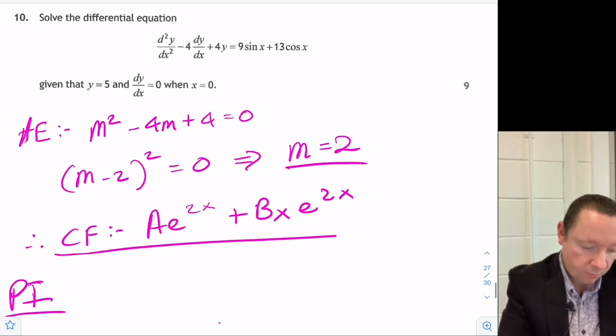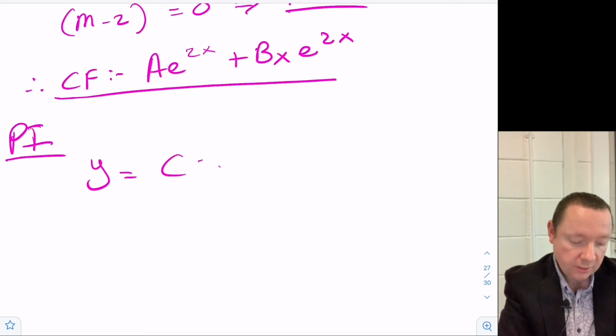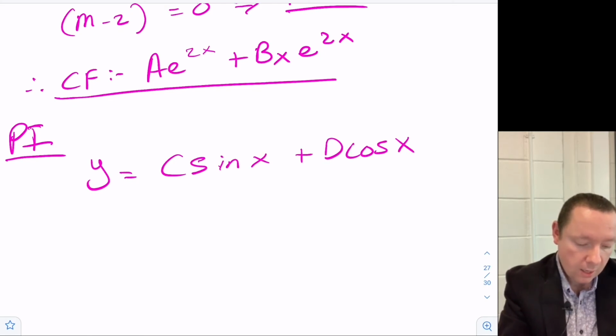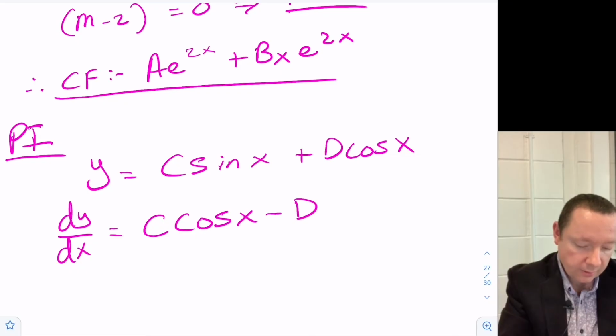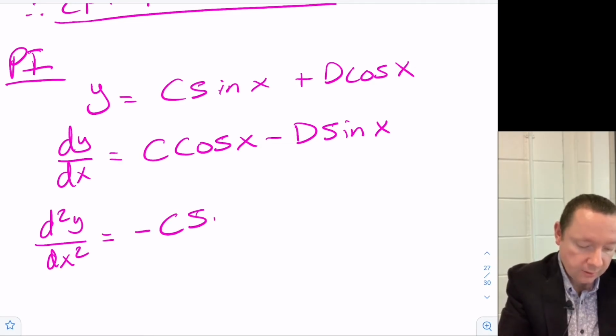Right hand side, we've got 9 sin x plus 13 cos x. So we've got y equal c sin x plus d cos x, which means dy by dx is simply c cos x minus d sin x, which gives us d squared y by dx squared equaling minus c sin x minus d cos x.